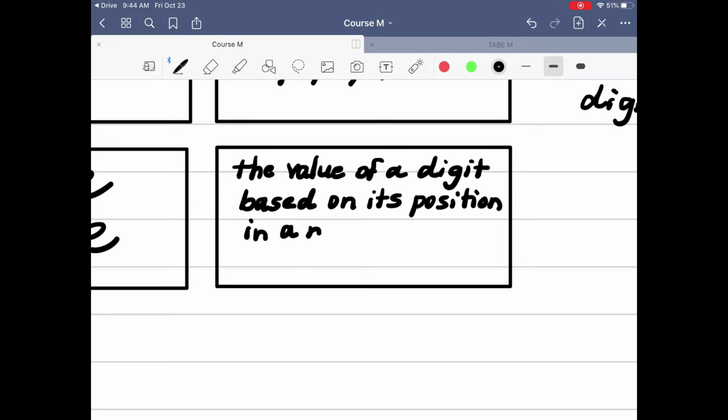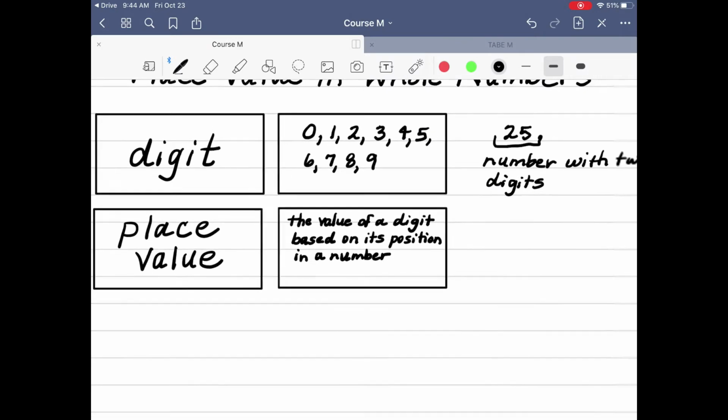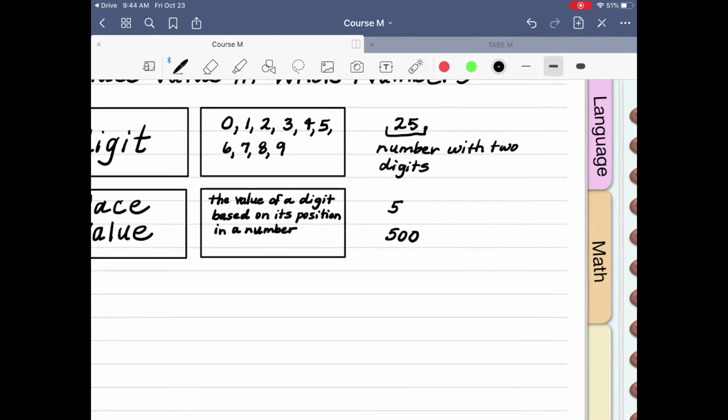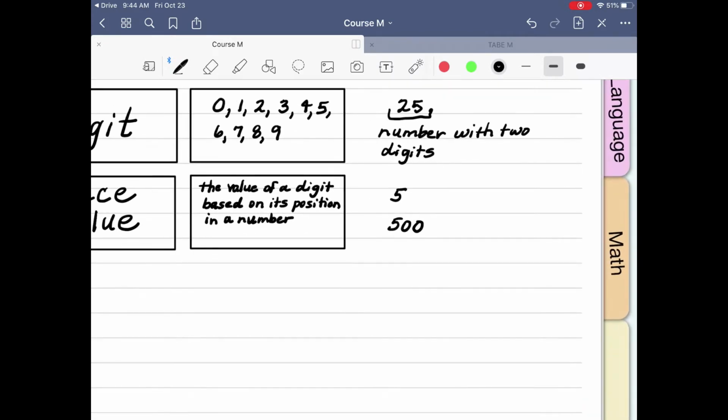And I will show you an example. Let's take the digit 5 and let it stand alone. And then let's take the digit 5 and put it with 2 zeros. The 5 is the same digit.